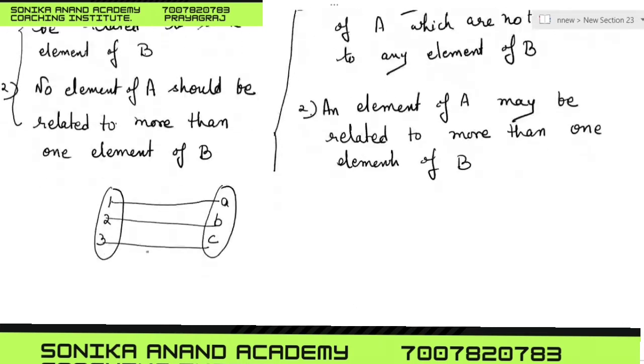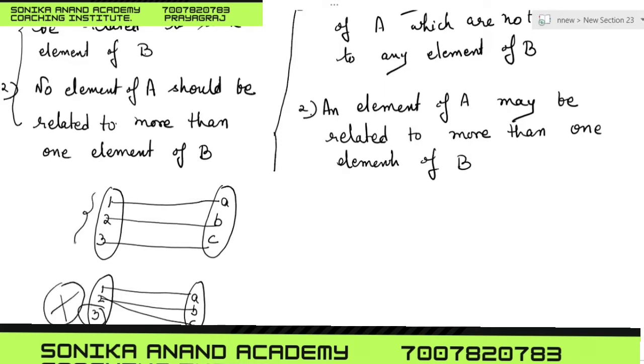For example, we have another pictorial diagram like this: 1, 2, 3, A, B, C. Here 1 is related with A, 2 is related with B, and again 2 is related with C, and 3 is left. So this is not a function.